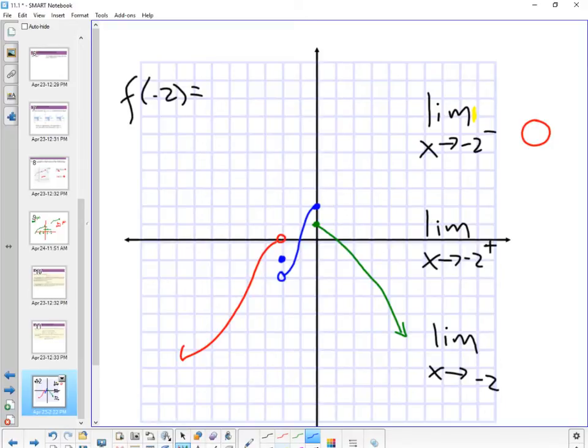So this is my limit line right here, right? This is what I'm approaching. So what y value am I getting closer to as I get closer to that line?